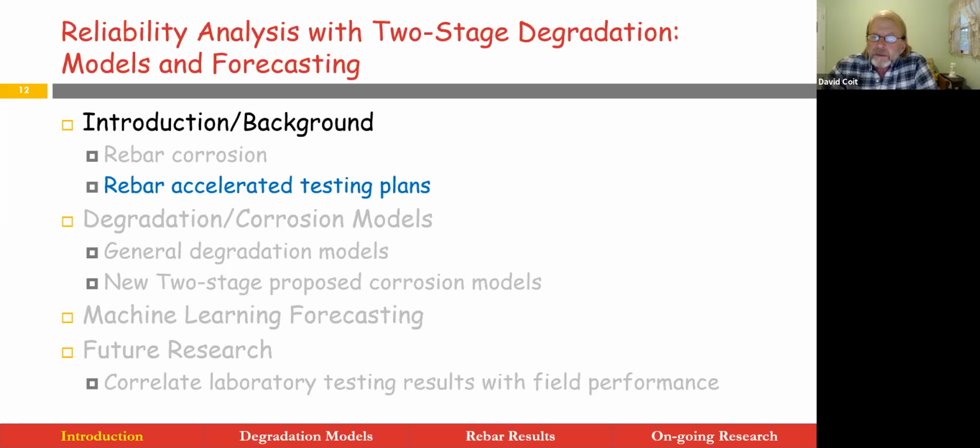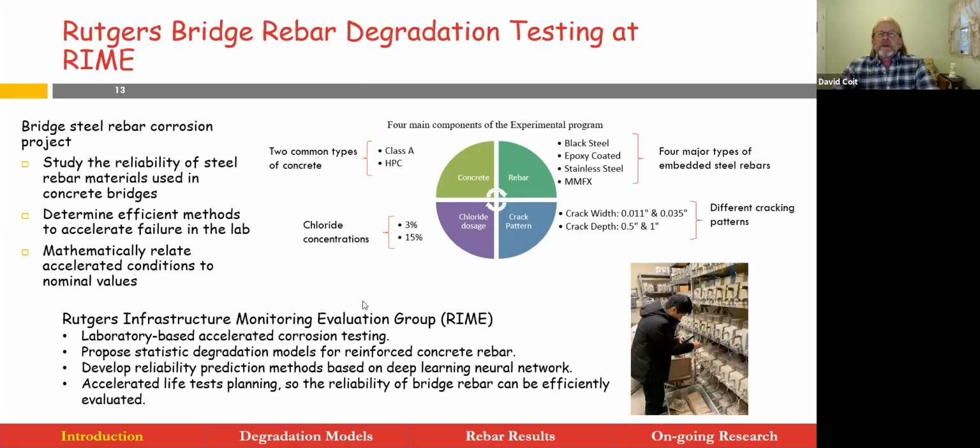Now we'll talk about the testing plans. These were things done, and we came over and started analyzing the data. This is at the Rutgers Civil Engineering Laboratory. Here at the RIME, you see a photograph in the lower right of the test lab. And the testing is taking place, many samples.